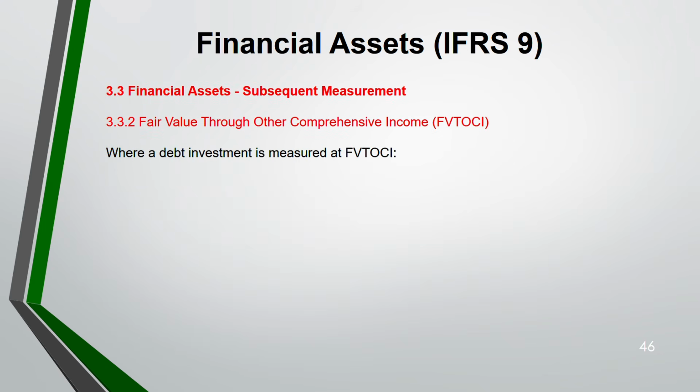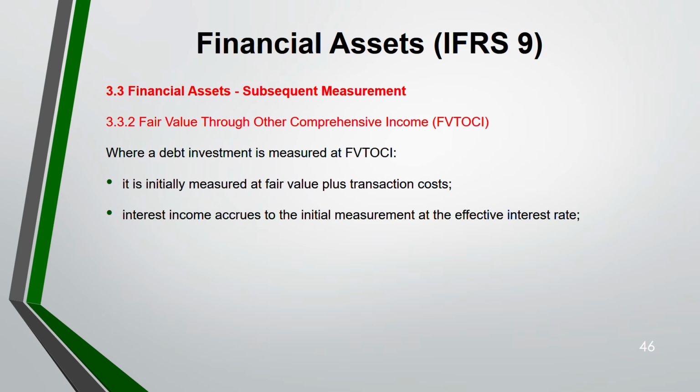Now, where a debt investment is measured at OCI, fair value plus transaction cost, this we know, your interest income will be on your initial measurement at your effective interest rate. We have seen that table where we have taken 8% and added with 90. That 90 is your initial measurement and we have added the effective interest rate.